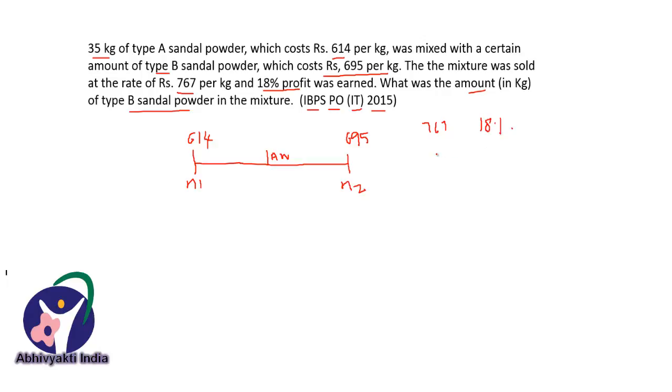So in the profit and loss episode, we have seen that when the selling price is given and the profit percent is given, then how to find the cost price.